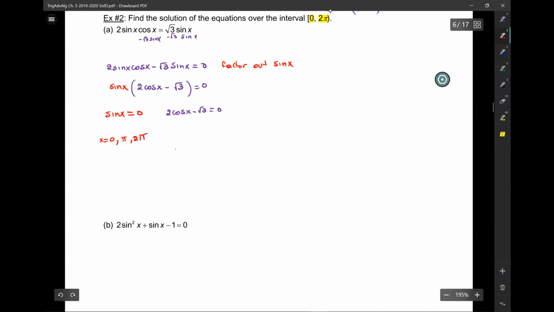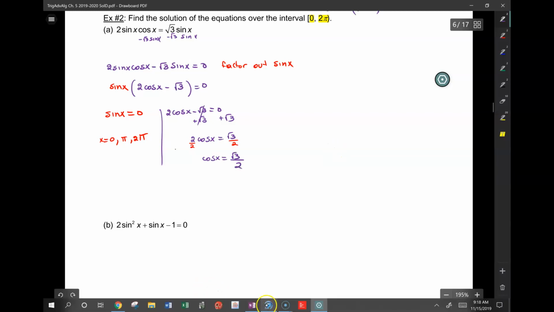Okay? Now, let's solve this one. I'm going to add root 3, so I get 2 cosine x equals root 3. Divide by 2. So now I have cosine x equal to root 3 over 2. And where is cosine equal to root 3 over 2?